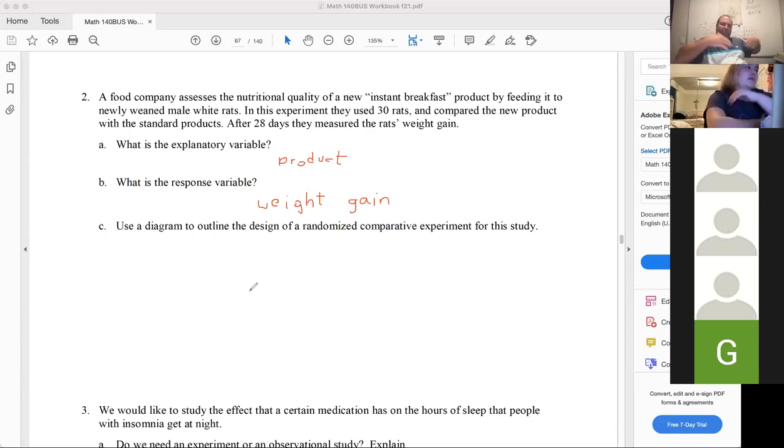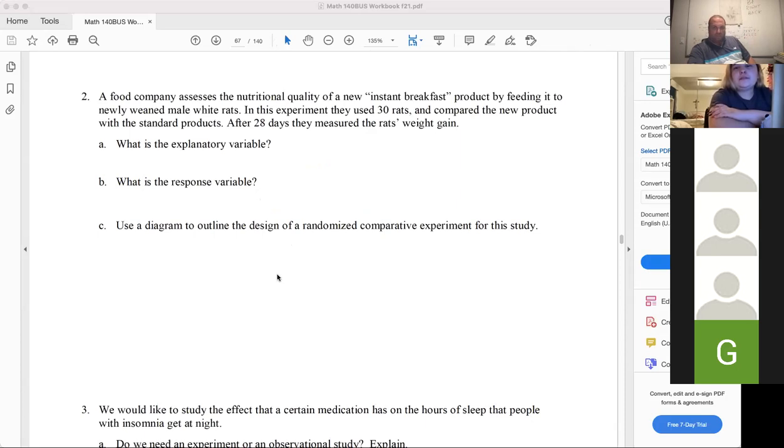I divide them into two groups, the ones who get the new food and the ones who get the old food. They have this treatment and that treatment. This treatment is the new product and that treatment is the old product. And then I get my information and I compare it. That will be the design of the experiment, but I don't like questions like that. So you won't see anything like that on my tests. No measuring, nothing like that at all.